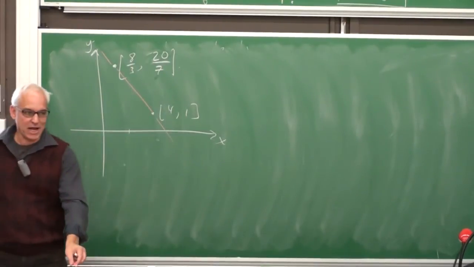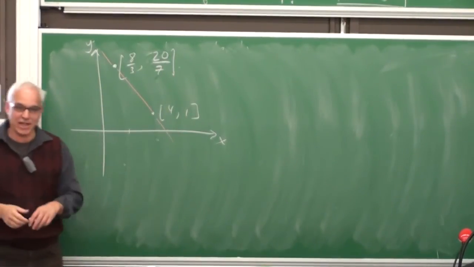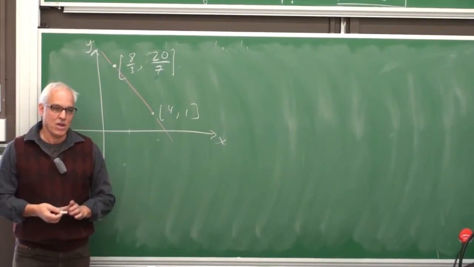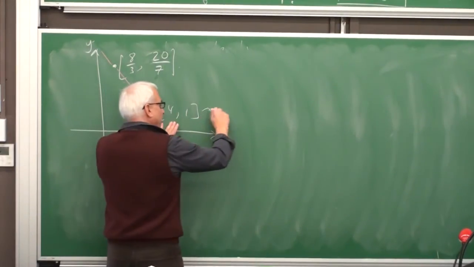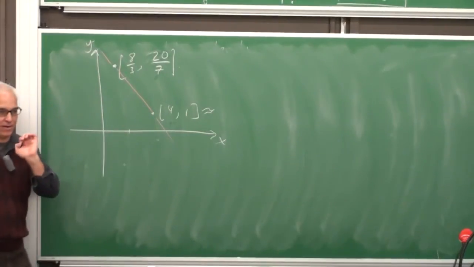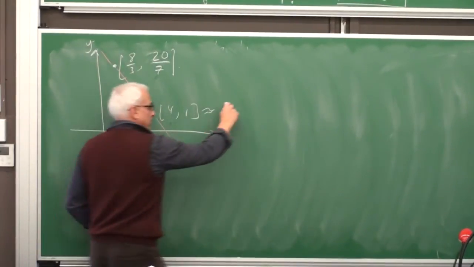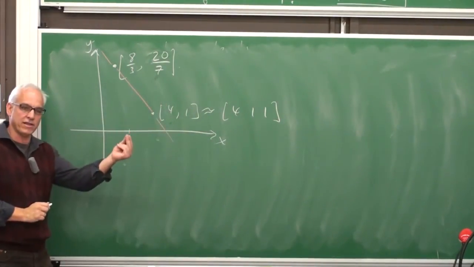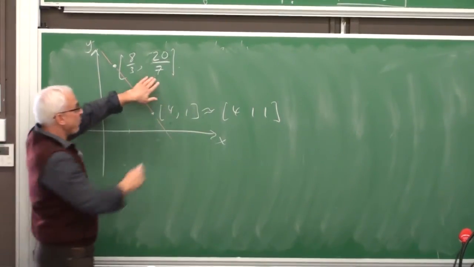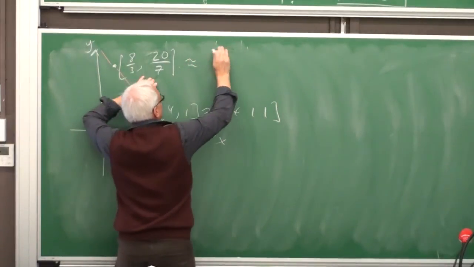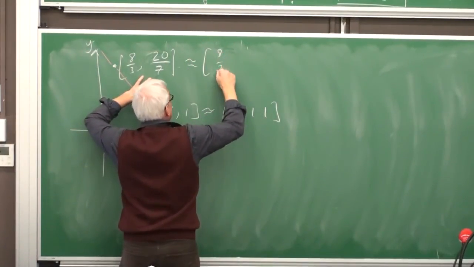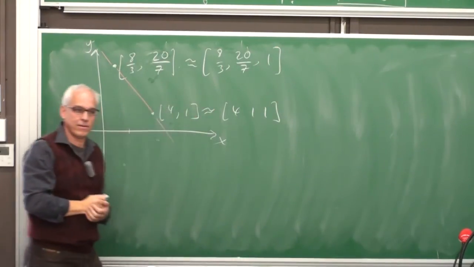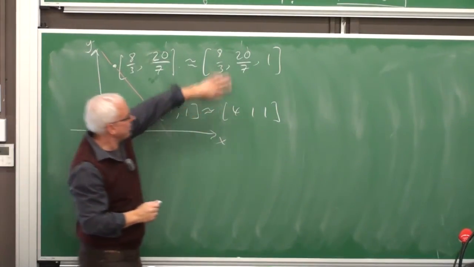You learned how to do this in high school. So here's now a more sophisticated way of writing down that equation. Instead of working with this point, I'm going to work projectively. This point is really the same as the projective point 4, 1, 1. I just tack a 1 at the end. And this point is really the same as the projective point 8/3, 24/27, 1.